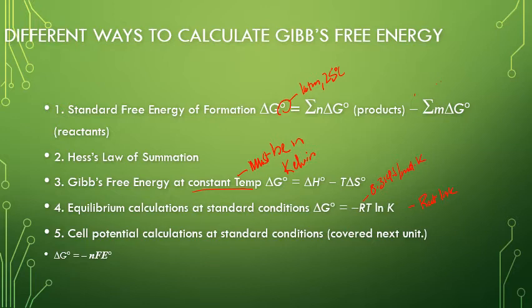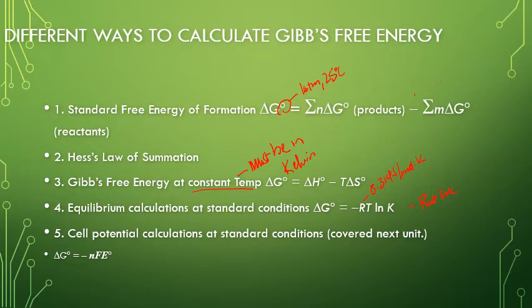And then finally, we have a fifth method that we will look at in depth next unit, which is delta G equals negative nFE. In that type of situation, what we're trying to do is calculate the free energy that would occur within some type of battery. So that's the cell potential, looking at voltages. We multiply the number of moles, which would be your n.